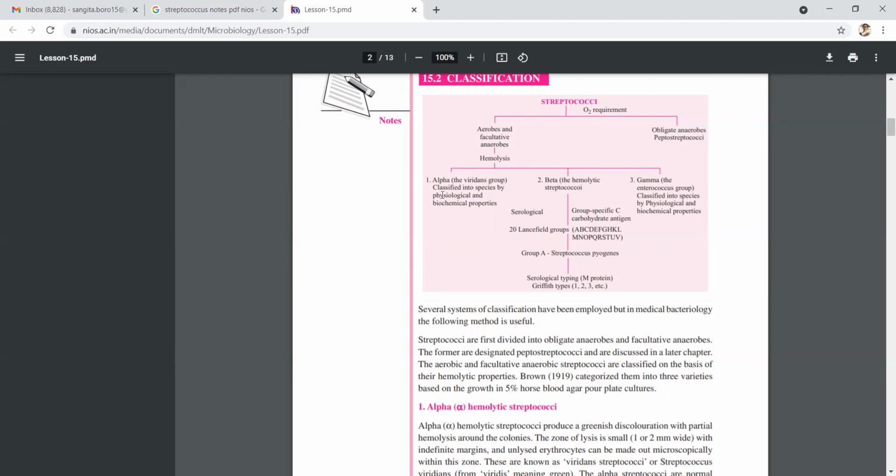The alpha, which are called the viridans group, are classified into species based on the physiological and the biochemical properties of those bacteria. Then the next one, the beta, also called the hemolytic streptococci, are characterized in this way as group A and group C.